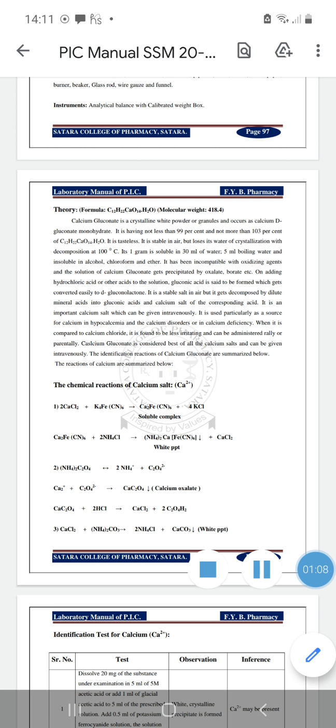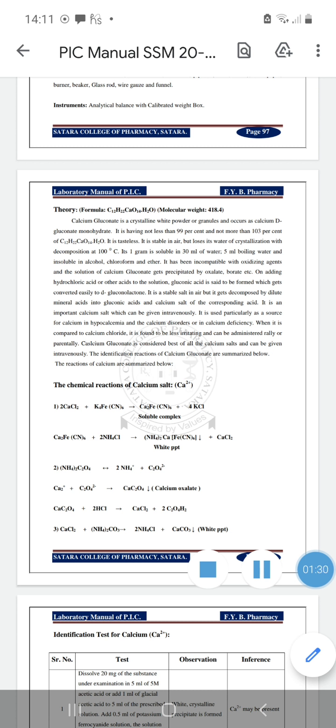One gram is soluble in 30 ml of water and 5 ml of boiling water, and insoluble in alcohol, chloroform and ether.